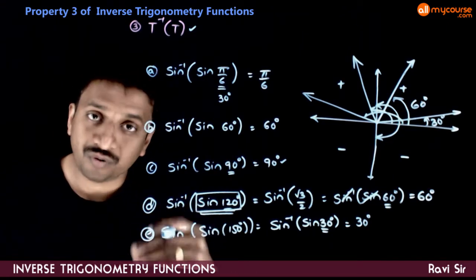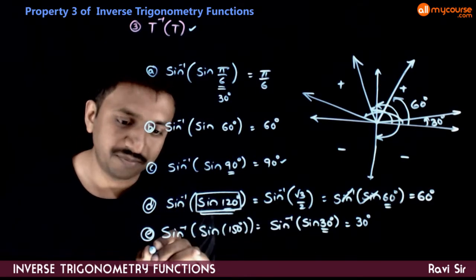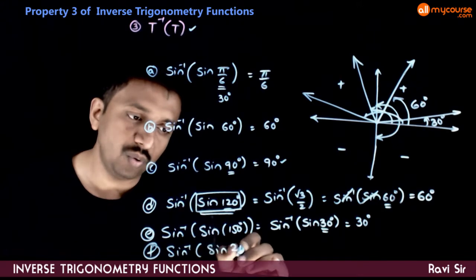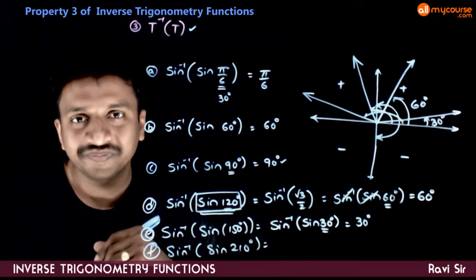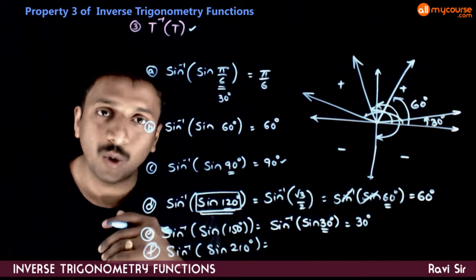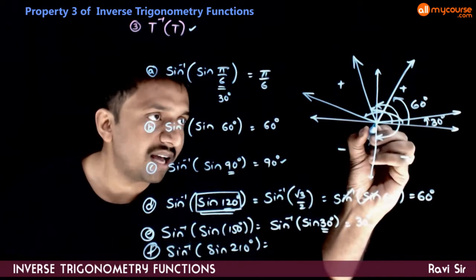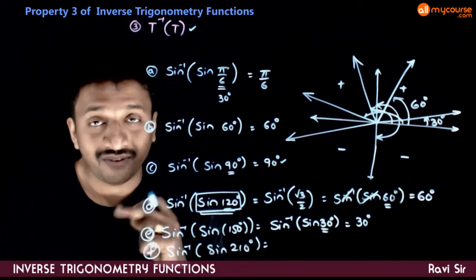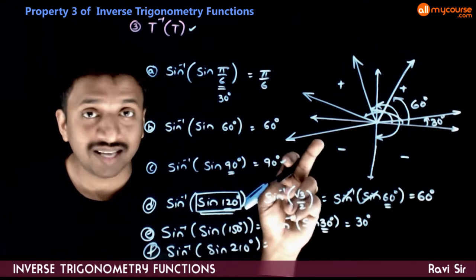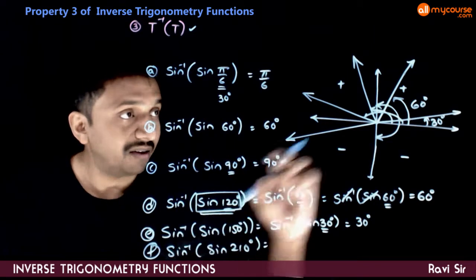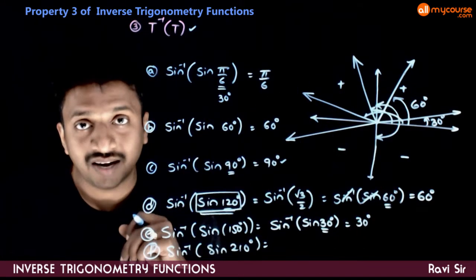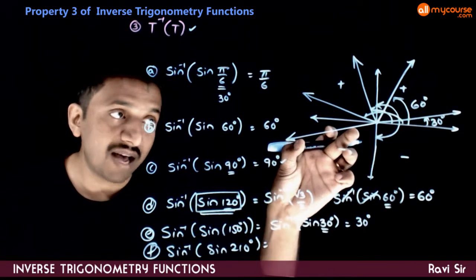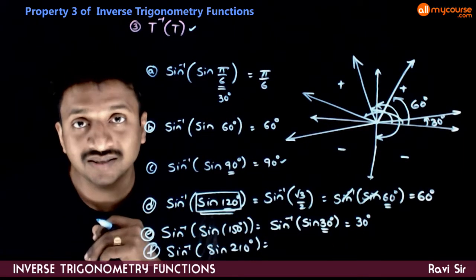Now if you go to further angles, for example, sine inverse of sine of 210 degrees. So where does 210 degrees lie? The ray corresponding to 210 lies here. Corresponding to sine 210, the value is negative because 210 lies in the third quadrant. Now within minus 90 and plus 90, what is the angle which has the same value of sine as sine 210 degrees?